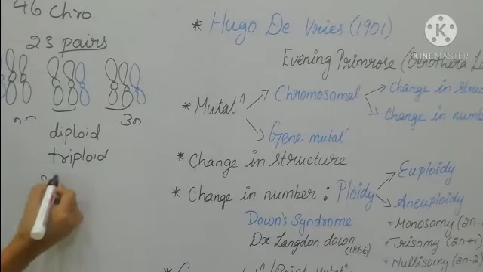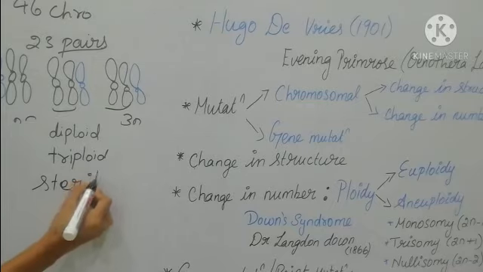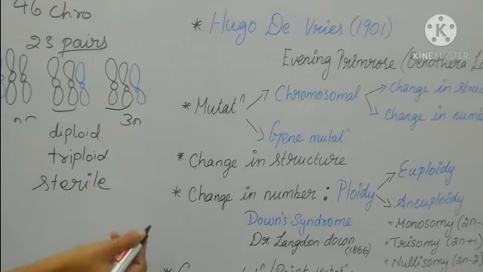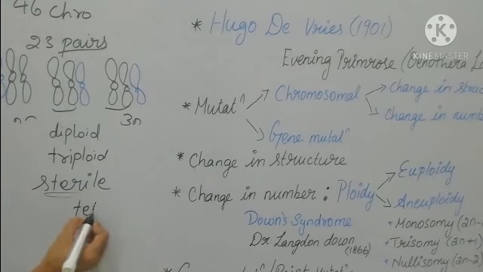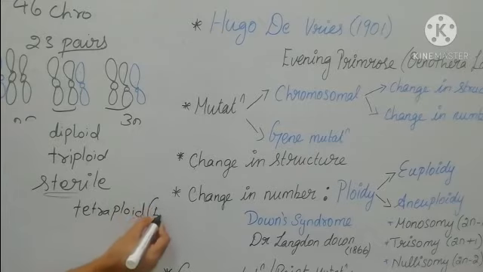Sterile means that plants and animals will not produce offspring or young ones. But tetraploid plants are a great advantage, because they produce more fruits, and the flower size is also bigger. Bigger flowers will be produced. This is the advantage of tetraploid plants.